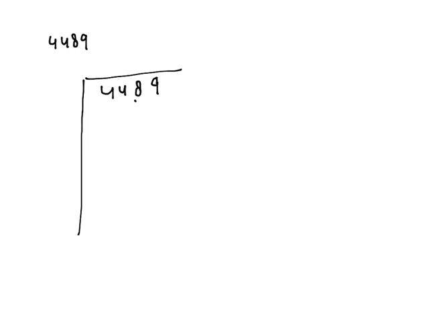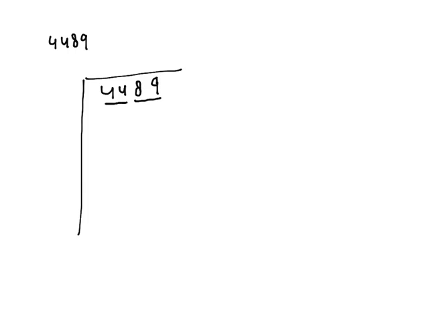Let's take another example. We have to find the square root of 4489. How will we start? We copy the number over here and we start making pairs from the unit place. Here we have one group as 89 and another group as 44, so no single digit in that case.